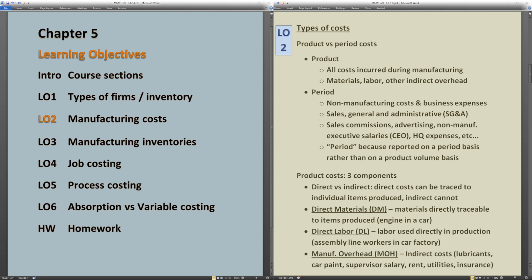We may just say, okay, at the end of a month, we used up however many gallons of paint. We then calculate how many different cars. Perhaps we had bigger and smaller cars, so we're not tracking individually. A lot of times indirect costs could be tracked directly, but it's not really worthwhile.